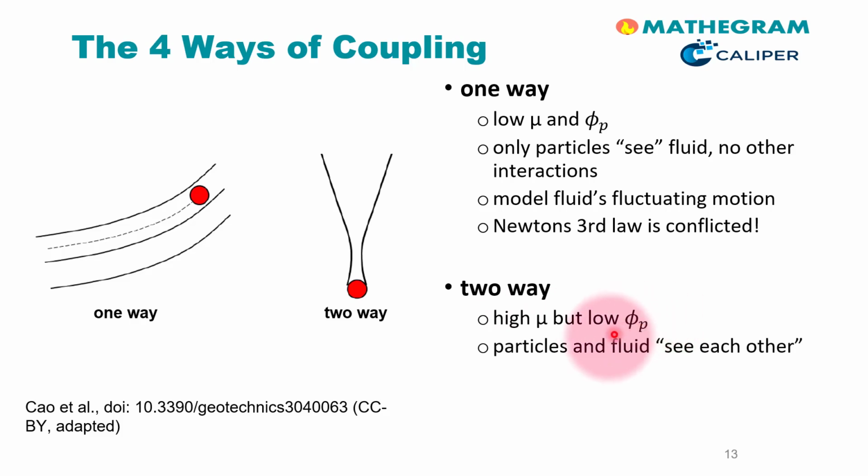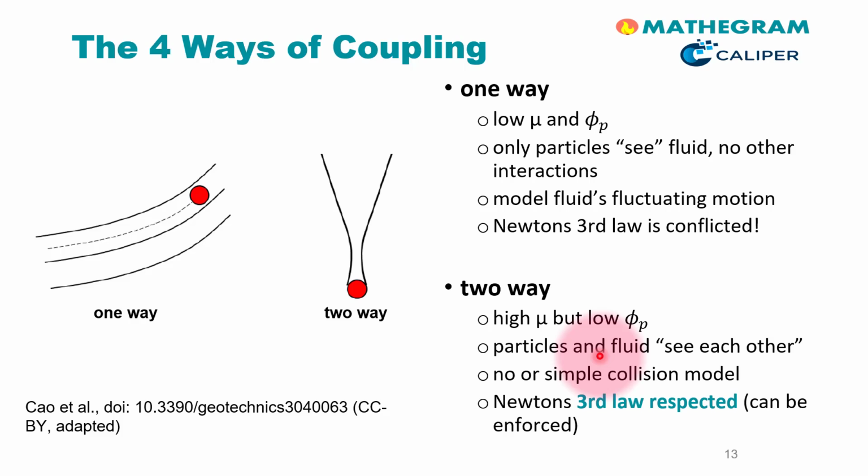Also, this coupling approach allows that the fluid also sees the particles, such that both phases have a realistic interaction with each other. Particle-particle collisions are either not or only in a strongly simplified way accounted for.